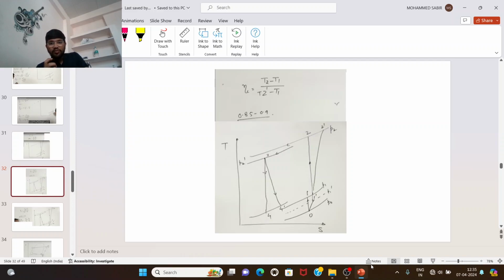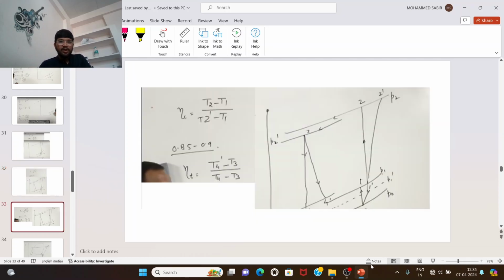T2 minus T1 is the ideal work done, and T2 dash minus T1 is the actual work done. Ideal upon actual gives the isentropic efficiency of a compressor. Actual upon ideal gives the isentropic efficiency of a turbine.